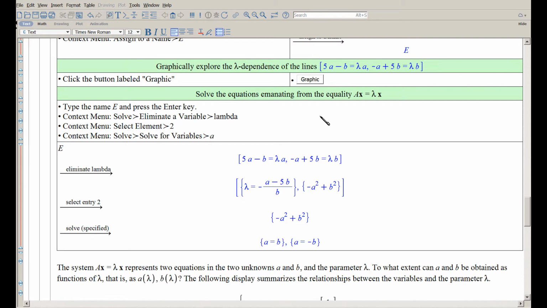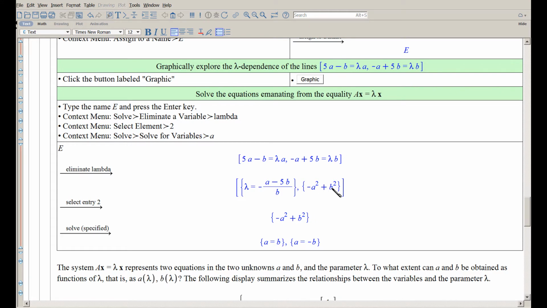Well, suppose you just set out to solve that pair of equations. So it's Ax equals lambda x. That's the pair of equations. Ask Maple to eliminate lambda. So it says, well, lambda has to be this, and the result is b squared minus a squared equals 0.